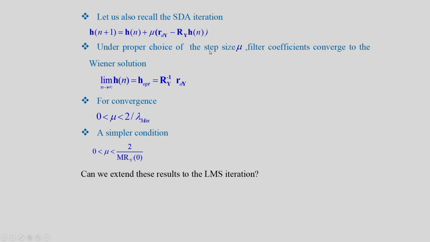Under proper choice of step size mu, the filter coefficients converge to the Wiener solution, that is, as n tends to infinity, the limit of H(n) is equal to H optimum, and that is given by Ry inverse into the cross correlation vector. And the condition for convergence is given by mu lies between 0 and 2 by lambda max, and a simpler condition was mu lies between 0 and 2 by m into Ry(0), where m is the length of the filter.